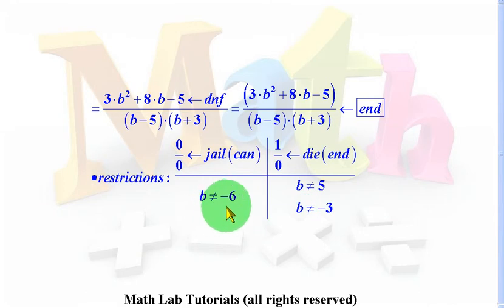Again, these restrictions must be adhered to. Otherwise, you either go to jail or you die. They have to be adhered to. If you were given a problem like this on some test that you were writing, they would give you half the marks for the reduced form, and probably half the marks for the restrictions at the end.